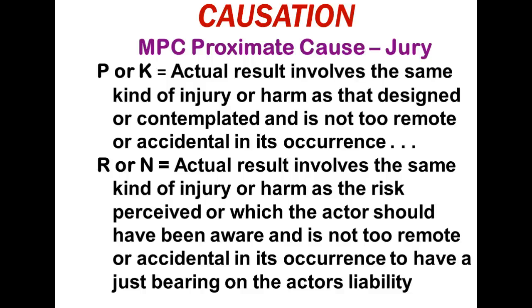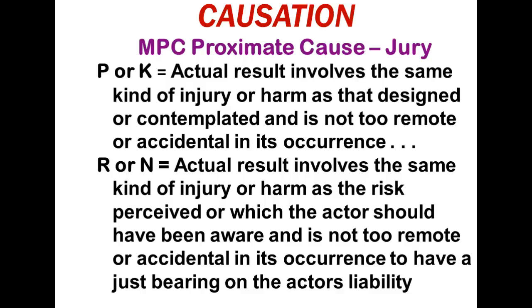And when the culpability element is reckless or negligent, the question then becomes, does the actual result involve the same kind of injury or harm as the risk perceived? That would obviously be recklessly, conscious disregard of a substantial and unjustifiable risk. So did it involve the same kind of harm or injury as the risk perceived?